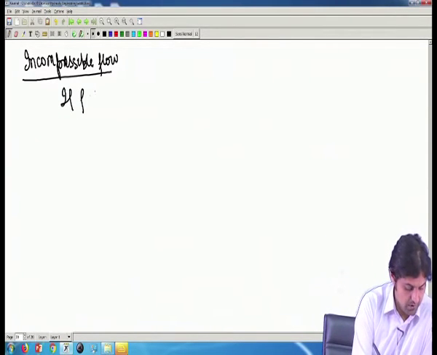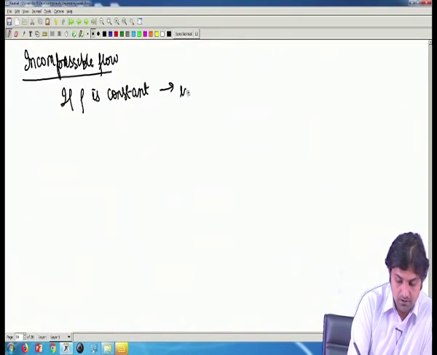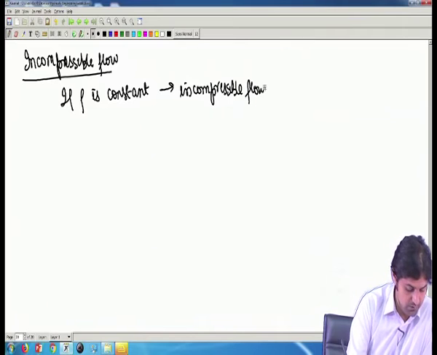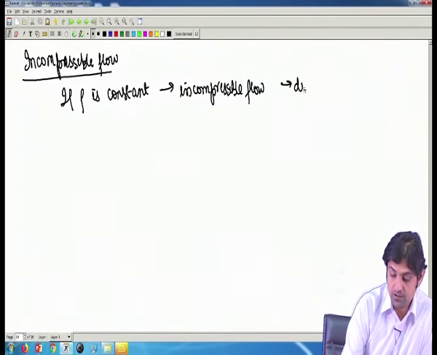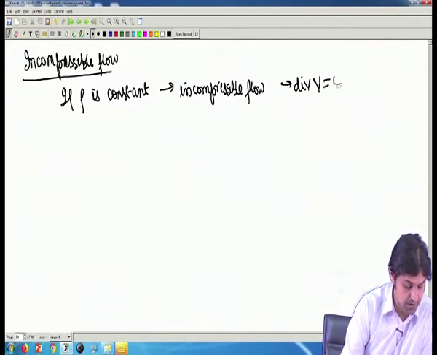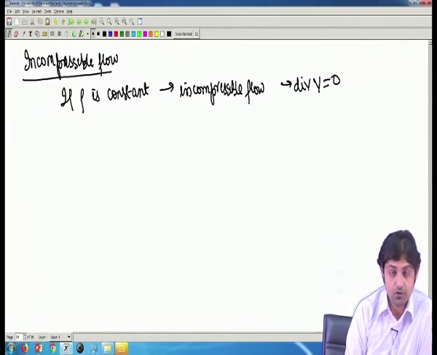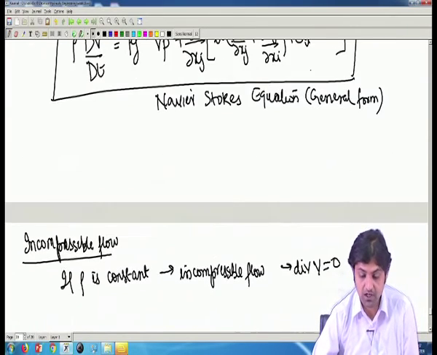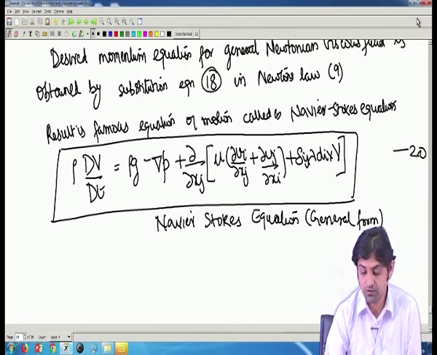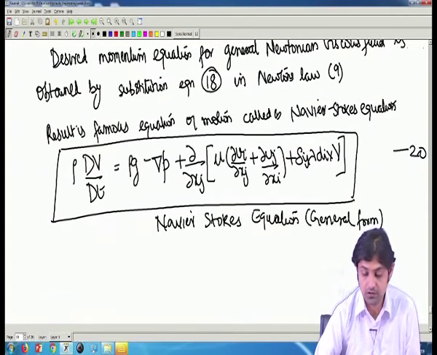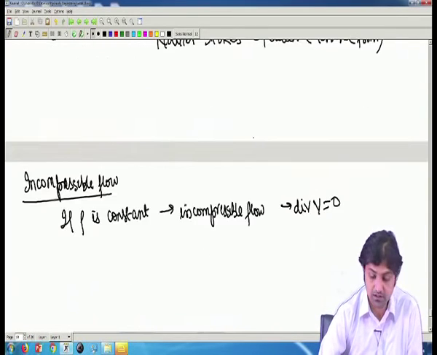If rho is constant, that means incompressible flow, that means divergence of V is equal to 0. So if you look at the Navier-Stokes equation above, the last term, divergence of V, will be 0.